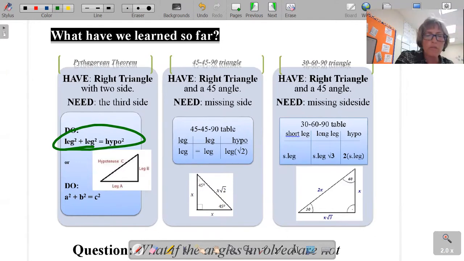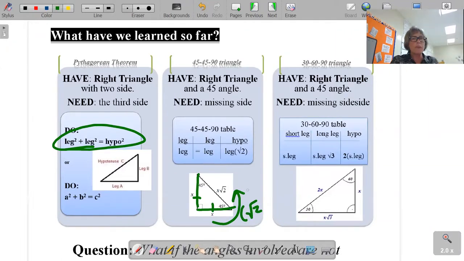In a 45, 45, 90, the legs are equal, and the hypo is whatever the leg is times root 2. Then you had 30, 60, 90, short leg, root 3, short leg times 2. Whatever your short leg is, the long leg is times root 3, and toward the hypo, times 2.